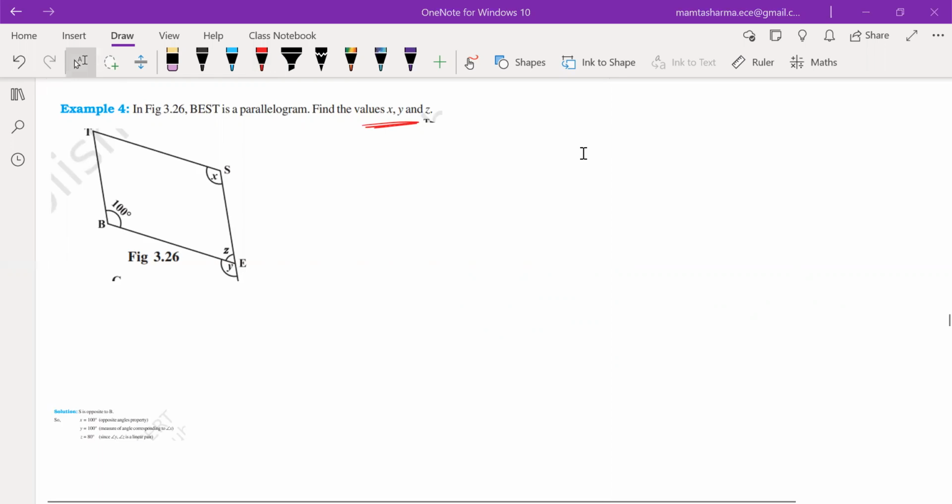Do it fast. Ma'am, x is 100. Because opposite angles are equal, x will be 100. And then what will be the value of y and z?